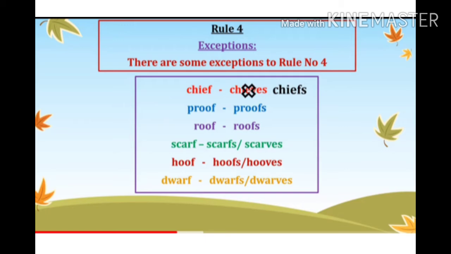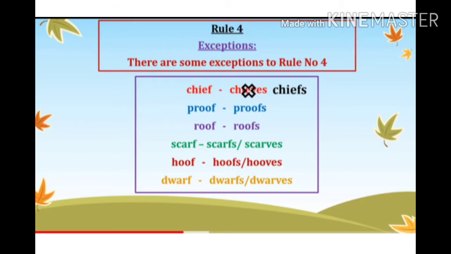And look at these three words here. Scarf, hoof and dwarf. They are confused ones. They don't know whether they are going to listen to rule number 4 or they are going to listen to their friends here. So they have decided they will make their plural by any of these. So to words like this, that is scarf, hoof and dwarf, we can make plurals in both the ways.